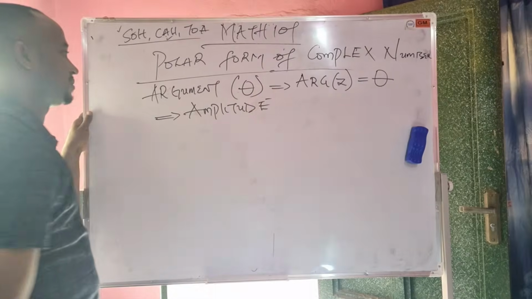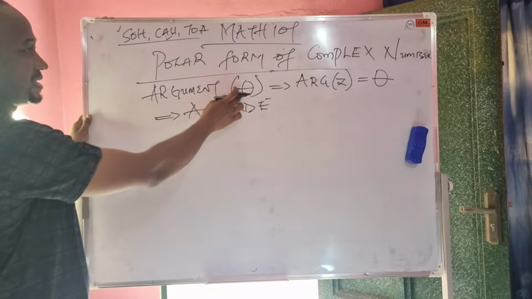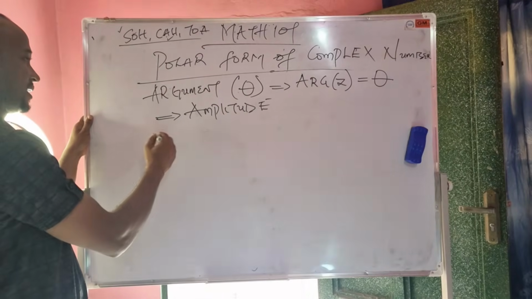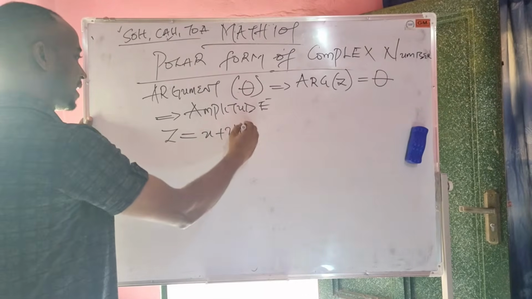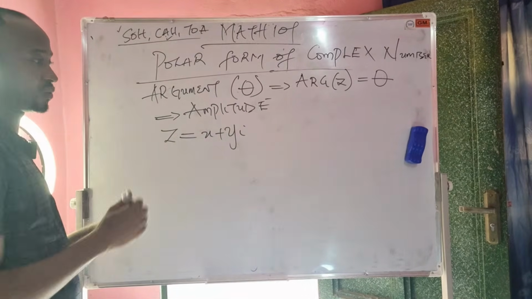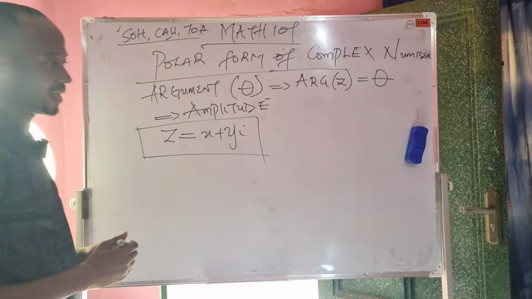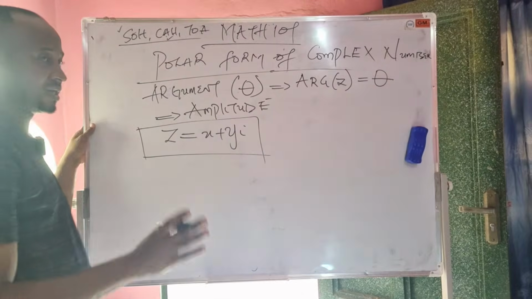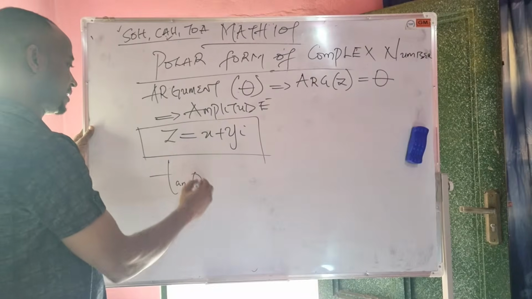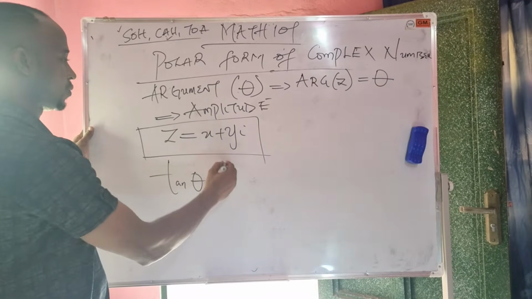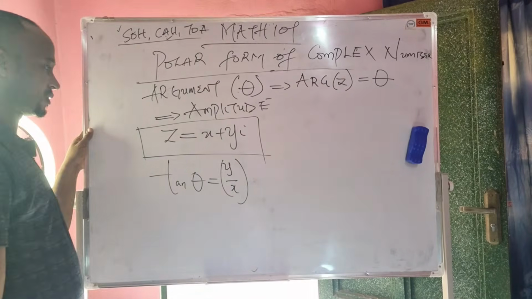Now, if we are to find the argument, or find theta, when the value of z is equal to x plus yi, in the first quadrant, to find the argument we're going to use tan theta, which is equal to y over x.